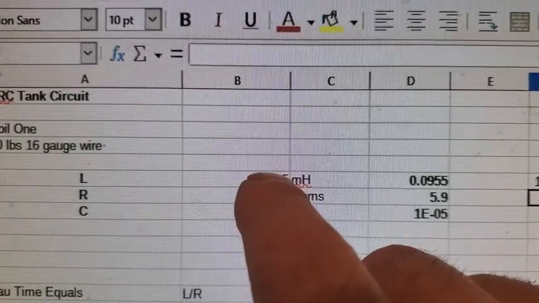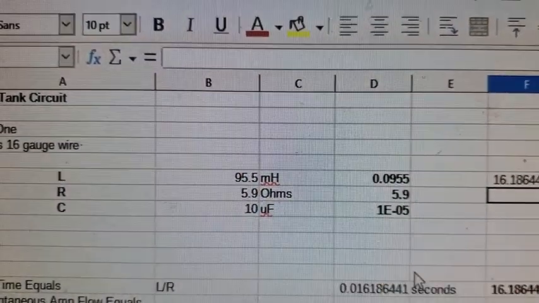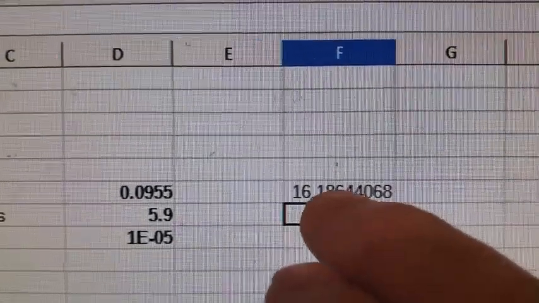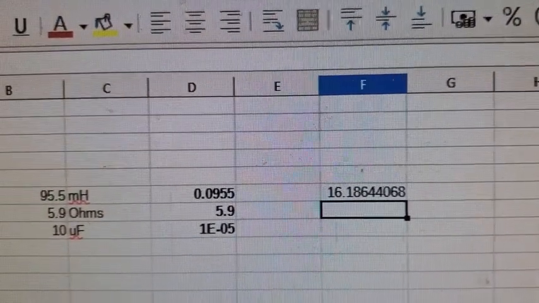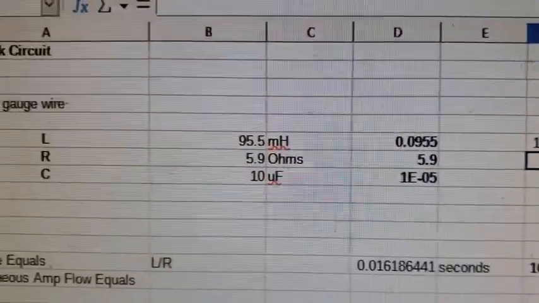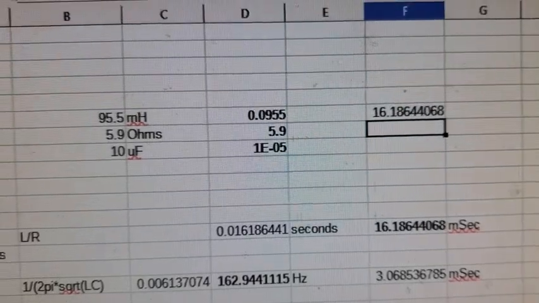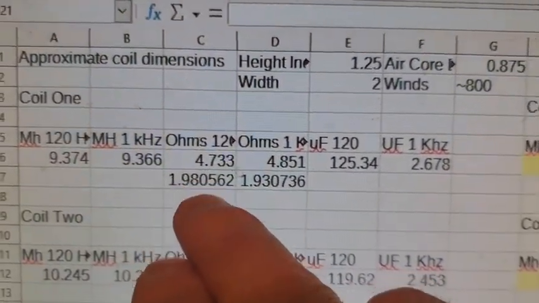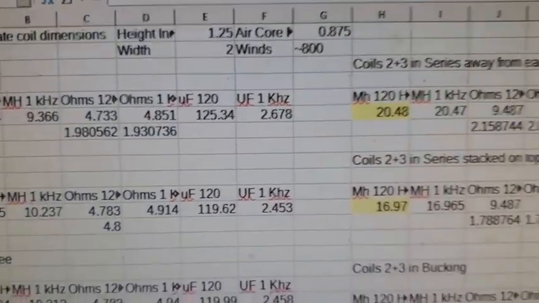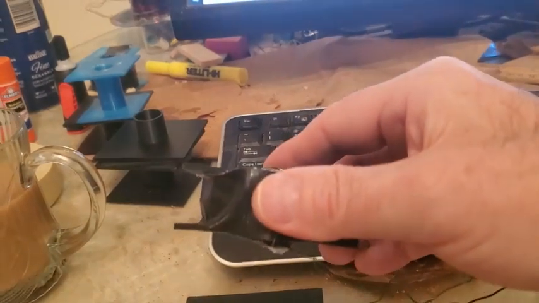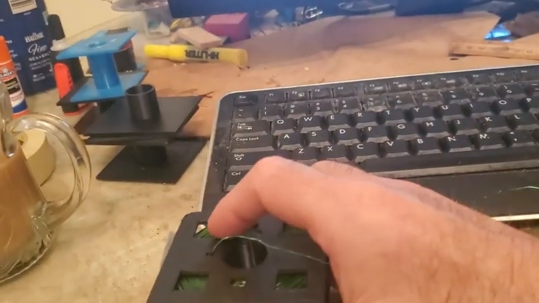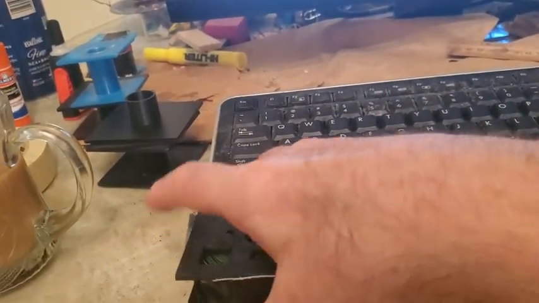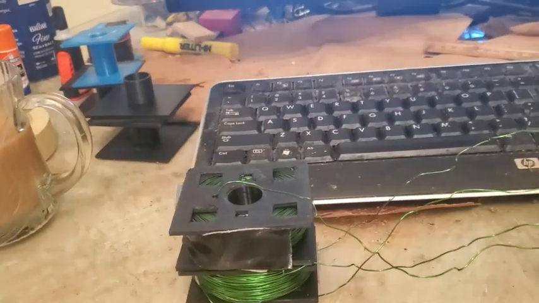So you divide the inductance by the resistance there. That ratio is 16.18, versus 1.98. But that 10-pound coil does better than one of these, but it's not spectacularly better. So that's sort of a mystery to me.